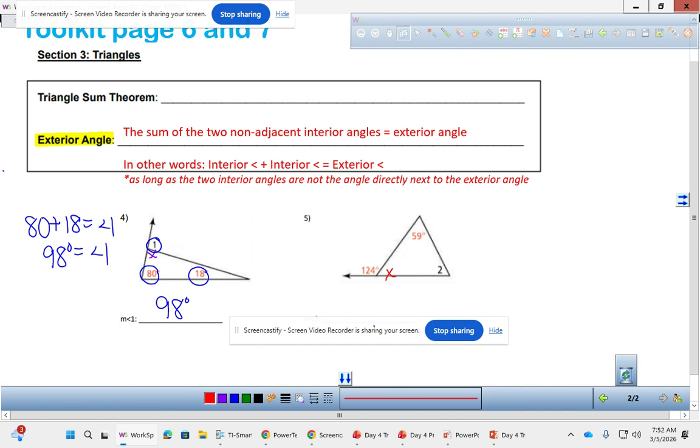This theorem says that the two inside angles, as long as they are not the one next to it, equal the outside angle. So inside angle 1 plus inside angle 2 equals outside angle. This creates an equation that I can solve for that angle 2.